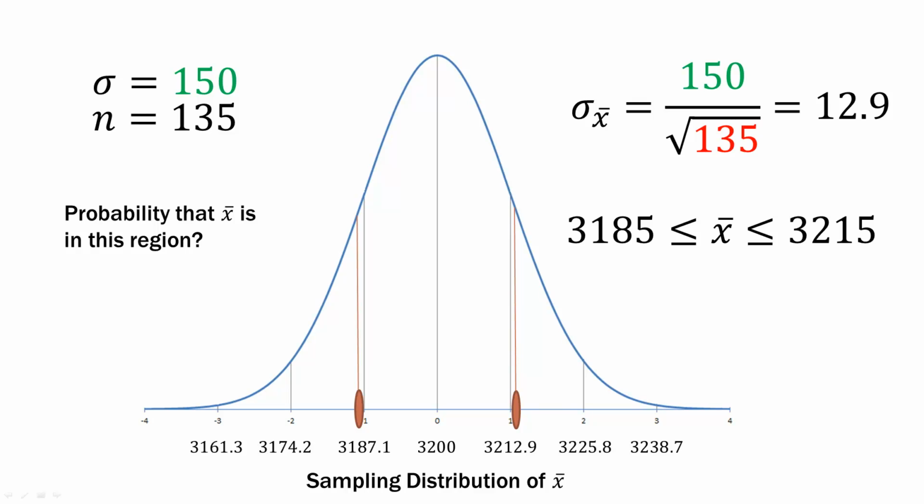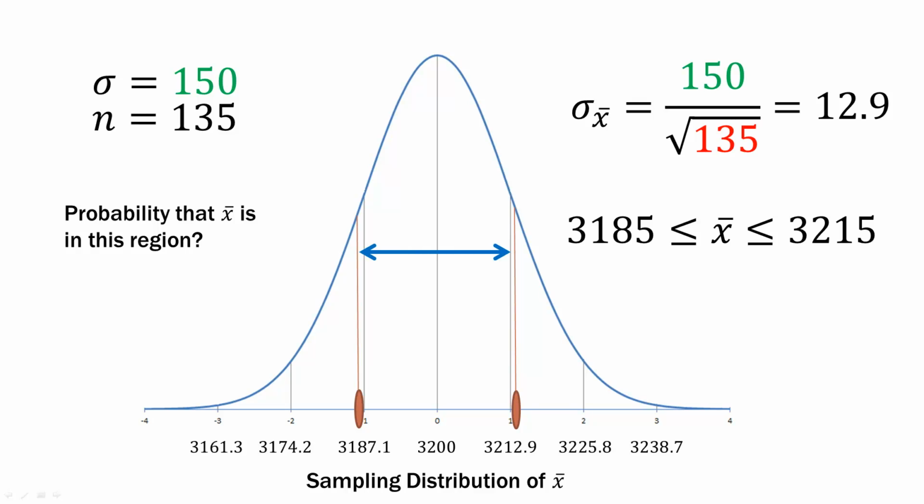Now, if we take a look at a comparison to the sample size of 135, look at where our endpoints are. So our probability statement, 3185 and 3215, when we graph that onto the sample size of 135 distribution, now look at where they are. They're beyond 1 standard deviation from the mean.